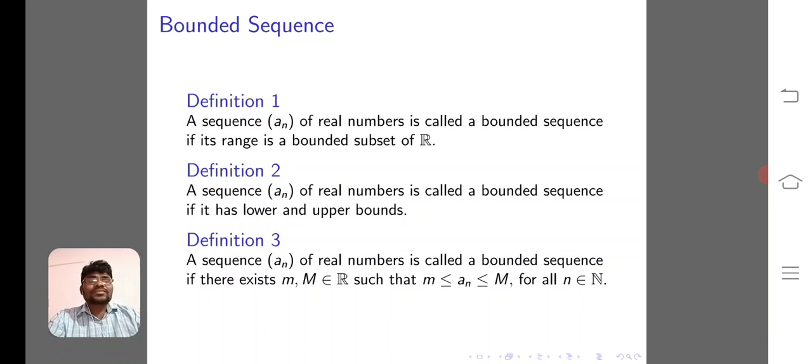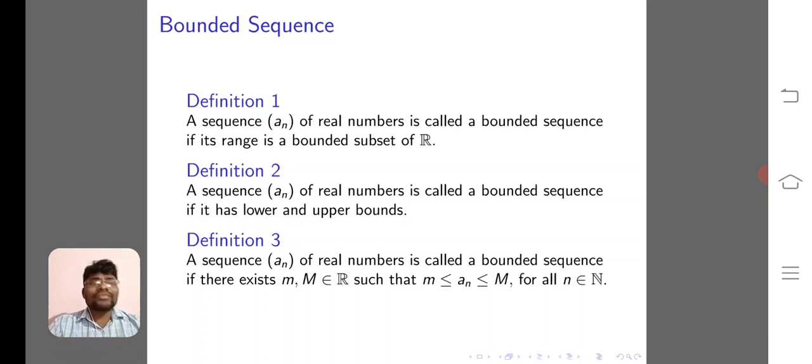Definition 2: a sequence of real numbers is called bounded if it has a lower bound as well as an upper bound. Then you say that the sequence is a bounded sequence.